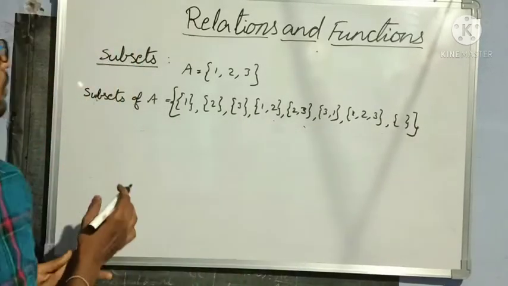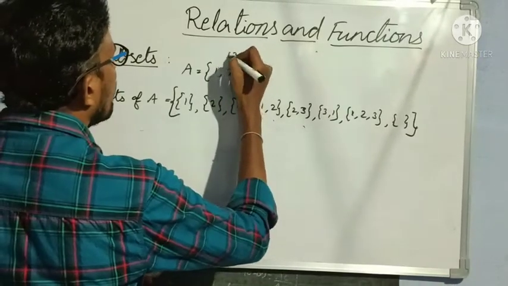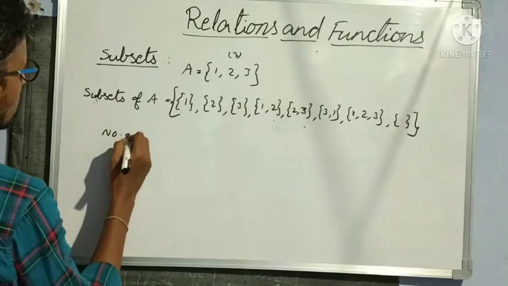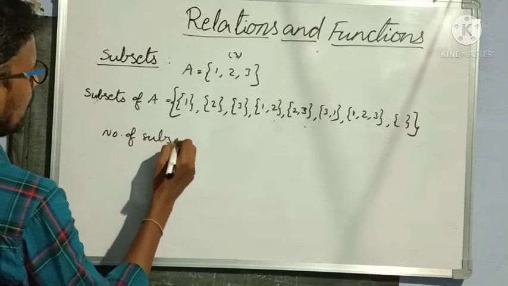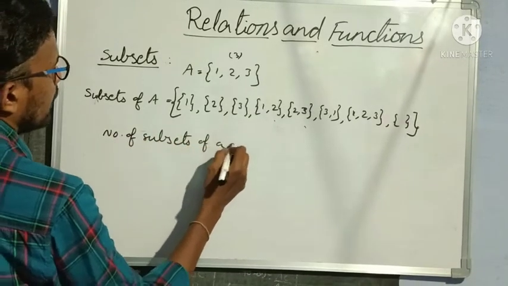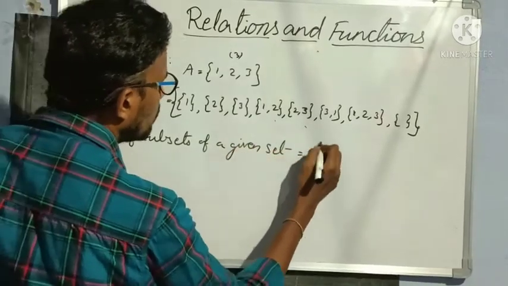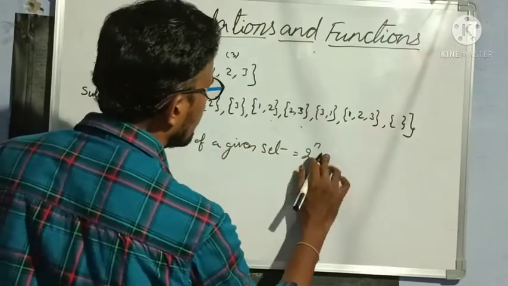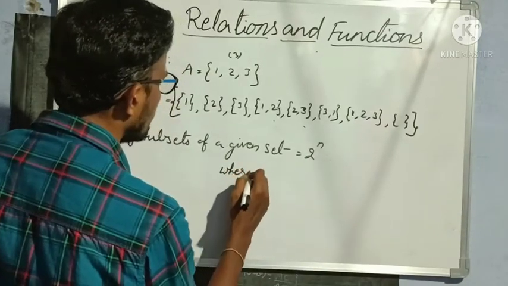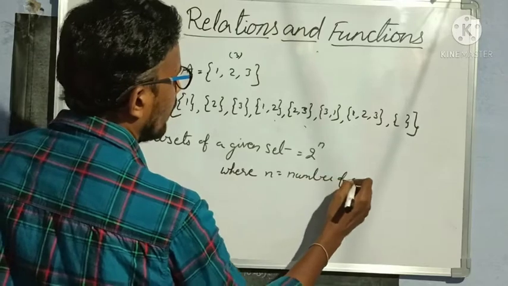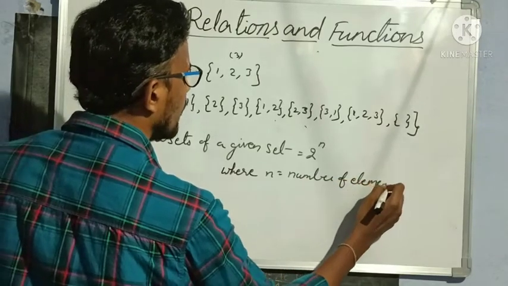So here if you observe, number of elements in set A is 3. So how to find out the number of subsets of a given set? Number of subsets of a given set is equal to 2 power n, where n is the number of elements of the set.